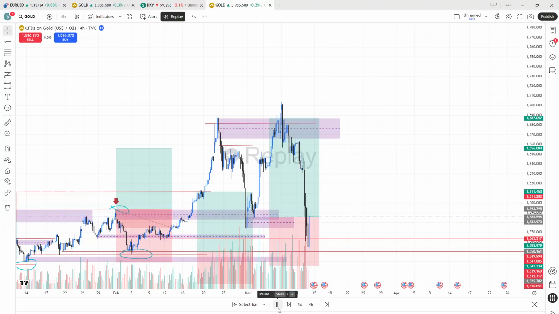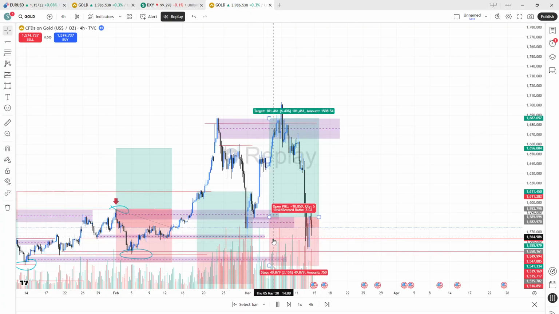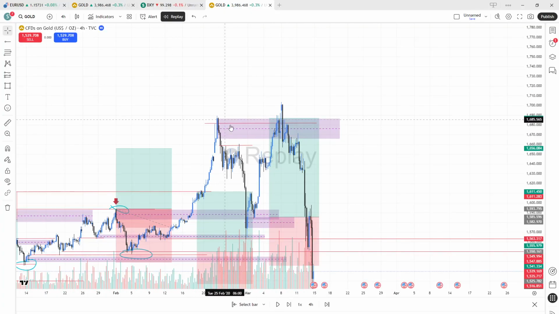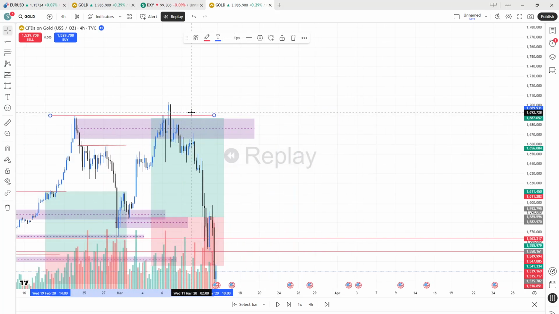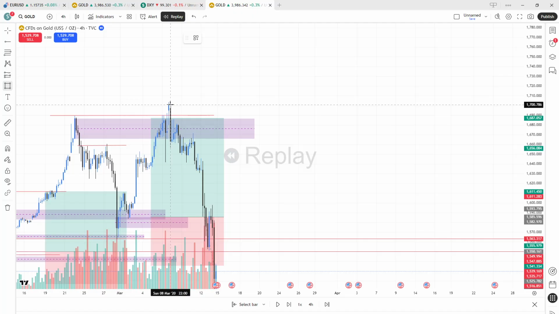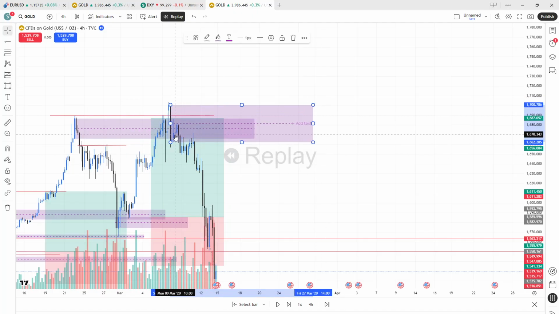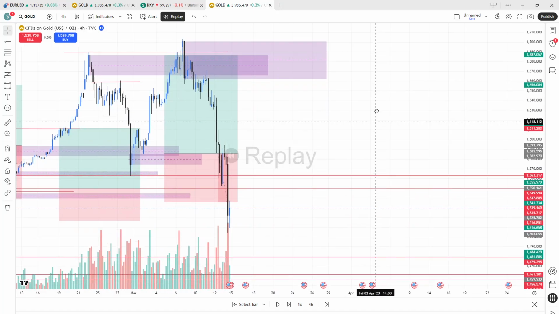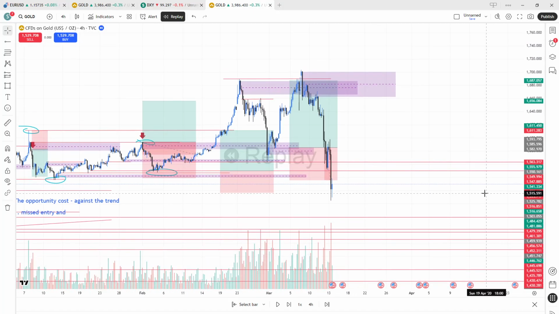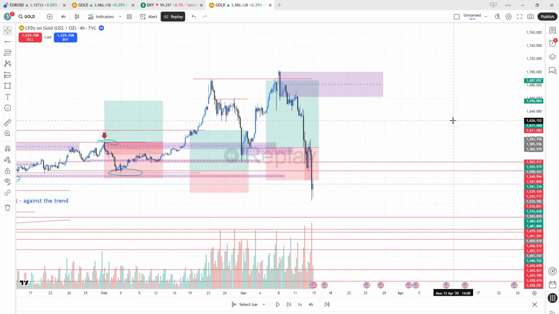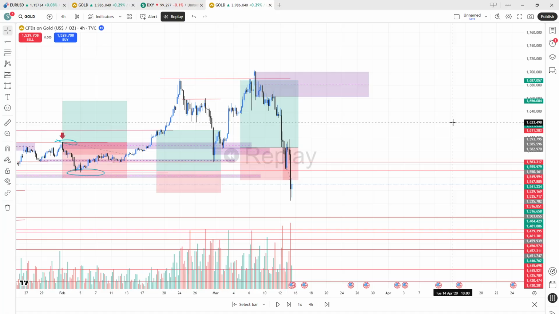Okay, so that is a sweep model right here too. That's crazy. It sweeps the internal and external, giving us that bullish engulfing right here, right? Price came back, retested that, and then it just moved away. It's crazy that the price reacted like that.